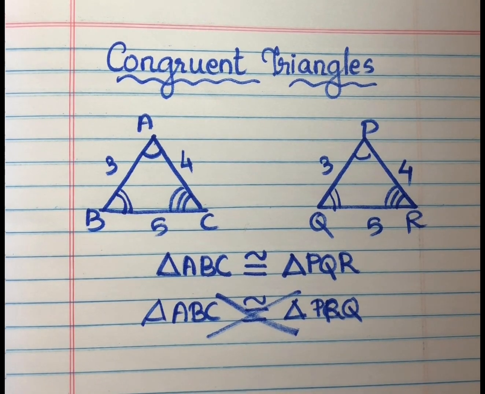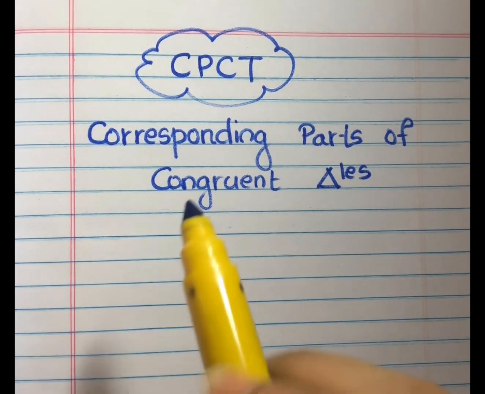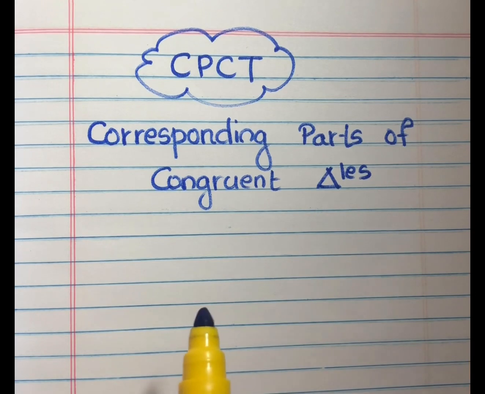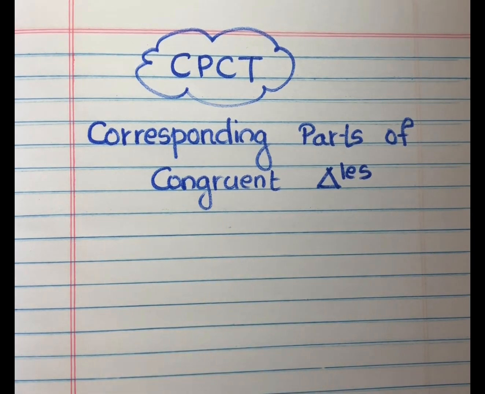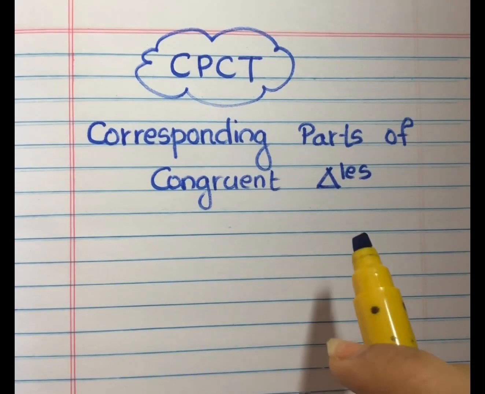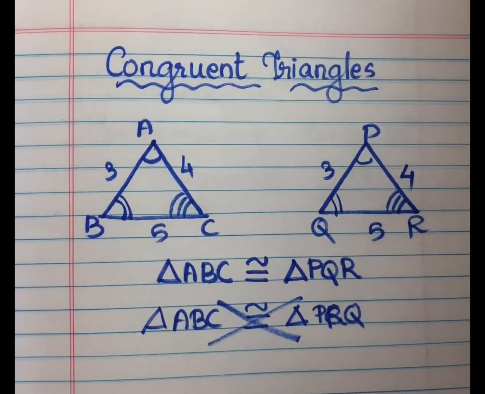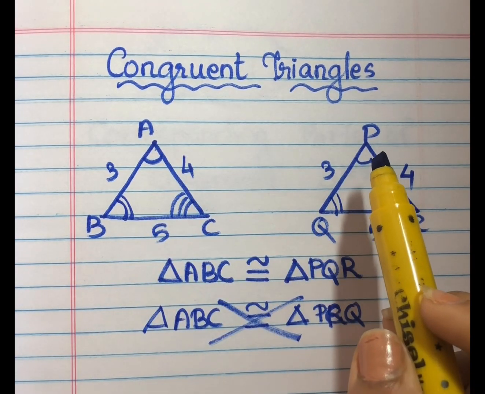Okay. The next topic is CPCT. So what is CPCT? CPCT is corresponding parts of congruent triangles. So we know that in two congruent triangles, corresponding parts of one triangle are equal to the corresponding parts of the other triangle. Therefore, here we know AB is equal to PQ.